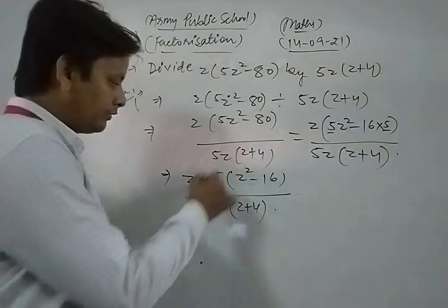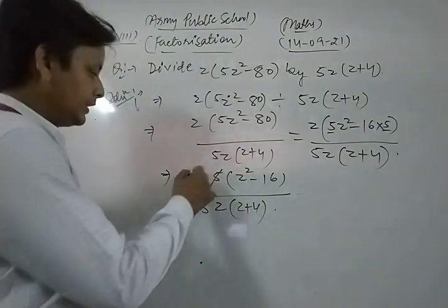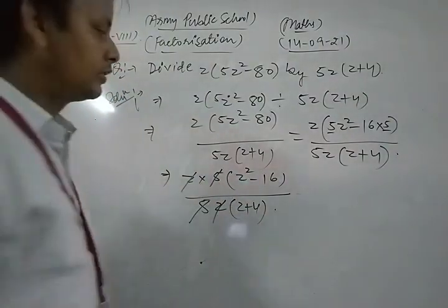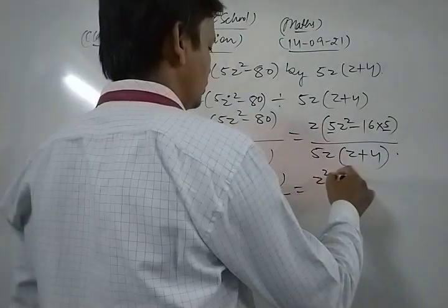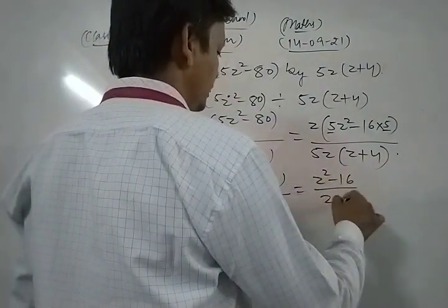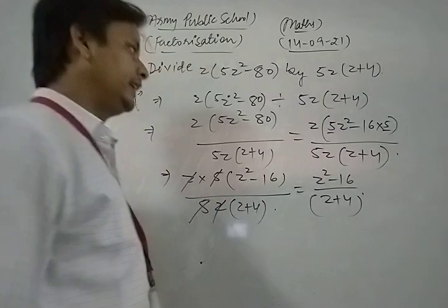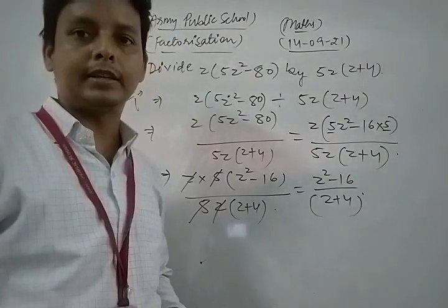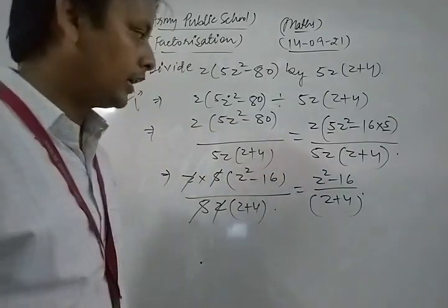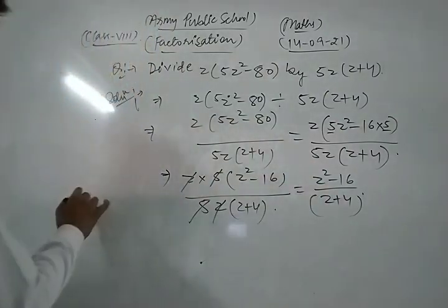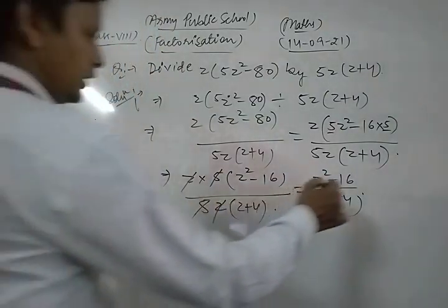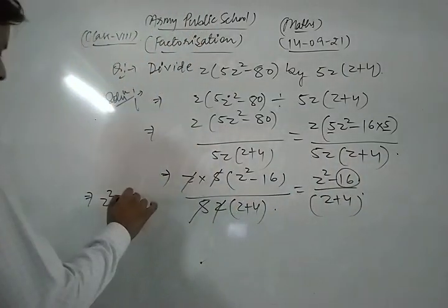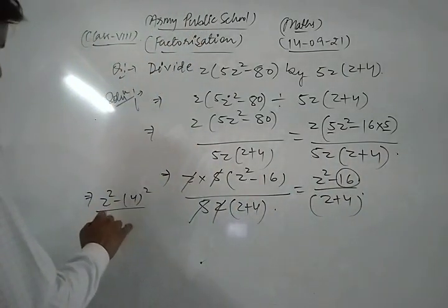Now look here, 5 cancels with 5 and z also cancels with z, so we are left with (z square minus 16) upon (z plus 4). Now the numerator we further split by using the identity a square minus b square. We can write z square minus 4 square upon z plus 4.